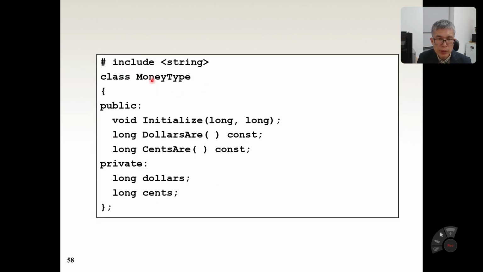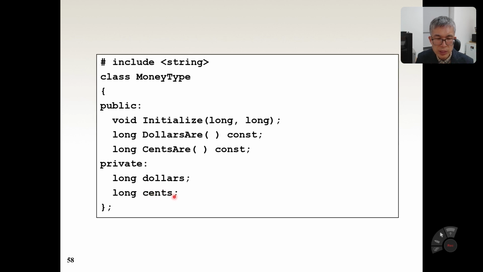So now we can define the class MoneyType. MoneyType initializes dollars and cents, and those are public member functions, and then the private member variables are dollars and cents.